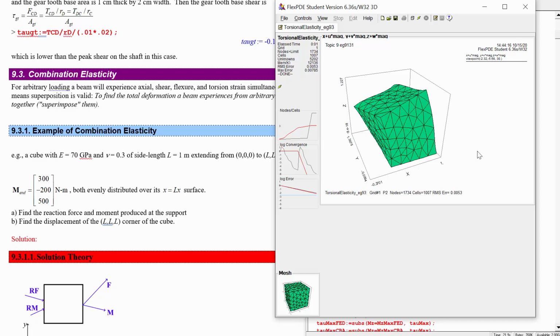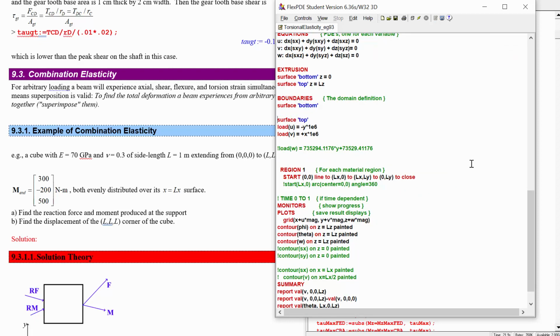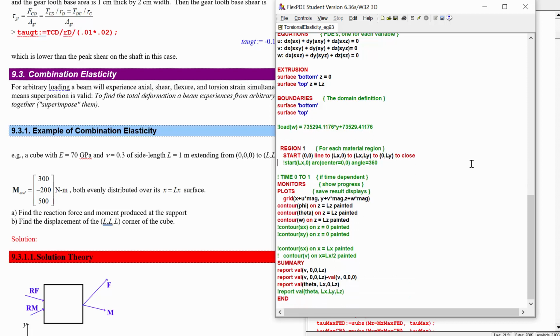We need to put a stress on the far X face in this thing. So we're going to free the bottom and the top surface, but we are going to put a stress on the far X face. And the far X face is the one between LX 0 and LX LY.